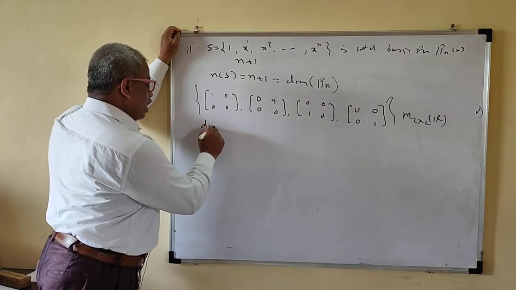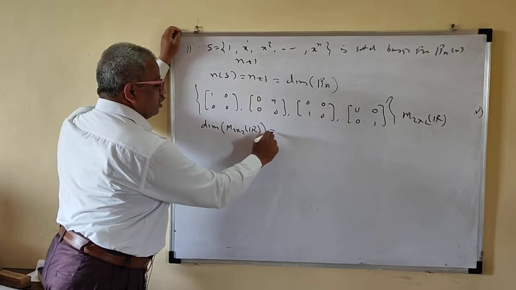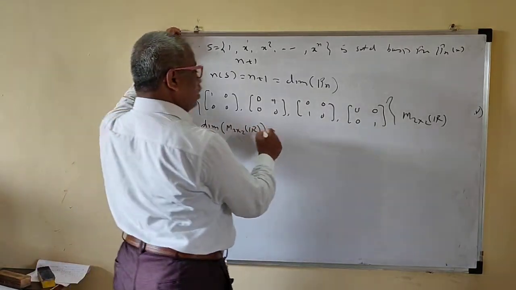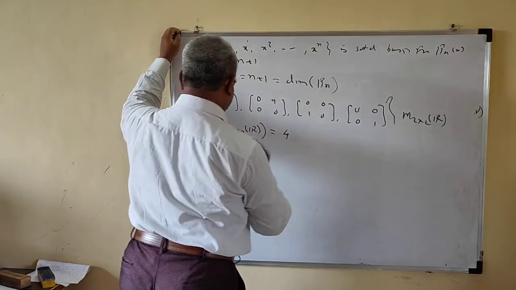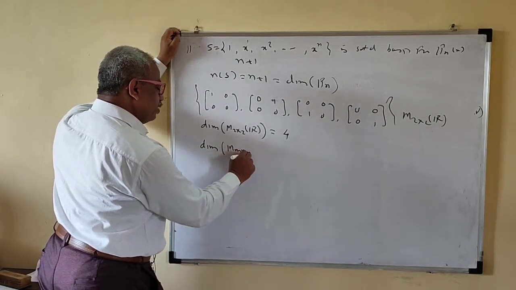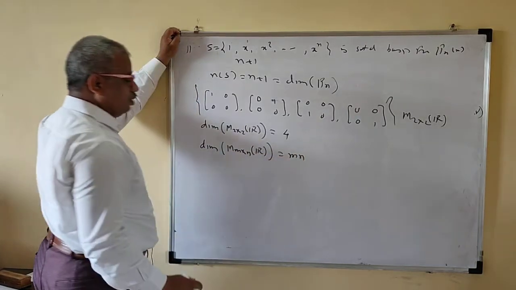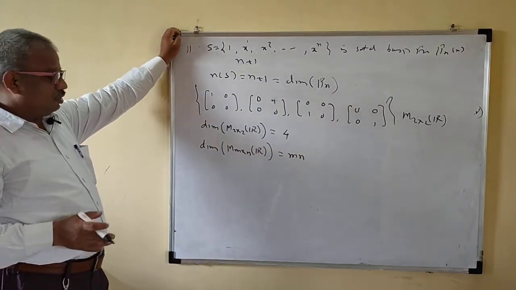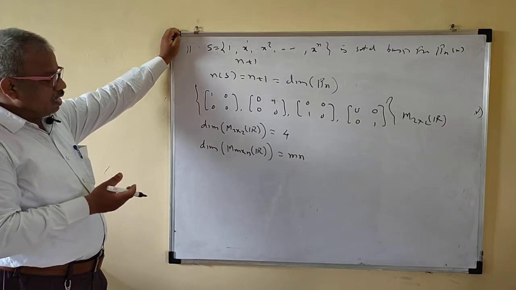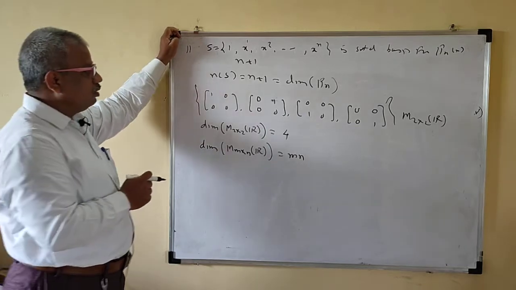Therefore the dimension of M2x2 over R is equal to 4. Similarly, the dimension of Mmxn over R is m times n, the number of rows into the number of columns. That is the dimension of the vector space of matrices.